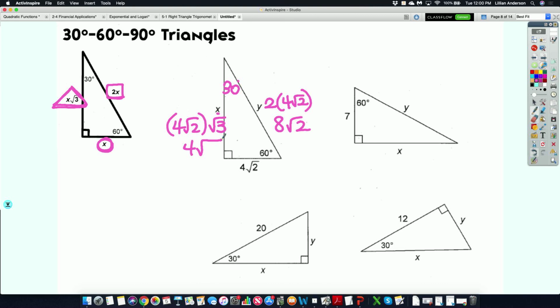So 2 times 3 is 6. So x is equal to 4 square root of 6. Y is equal to 8 square root of 2. Because again, you double your shorter side to get your hypotenuse, and then you multiply your shorter side by the square root of 3 to get technically your longer side. Questions?